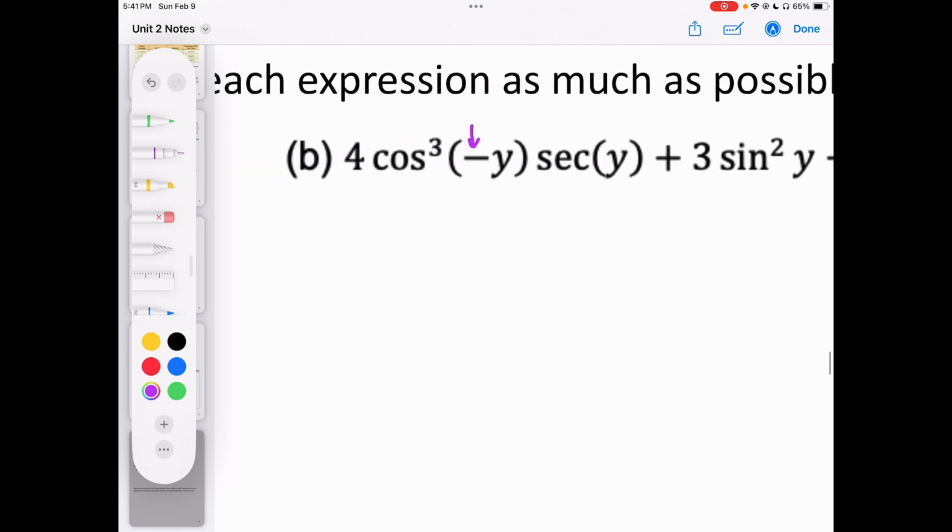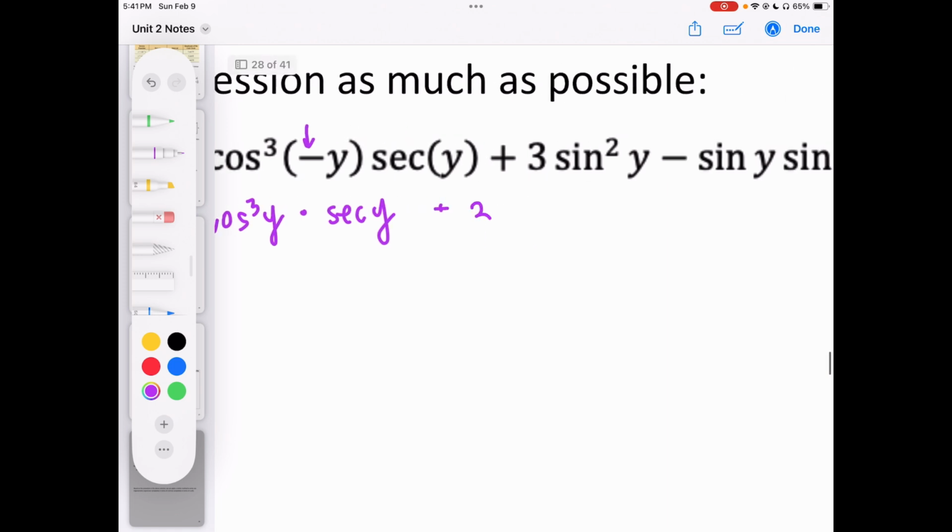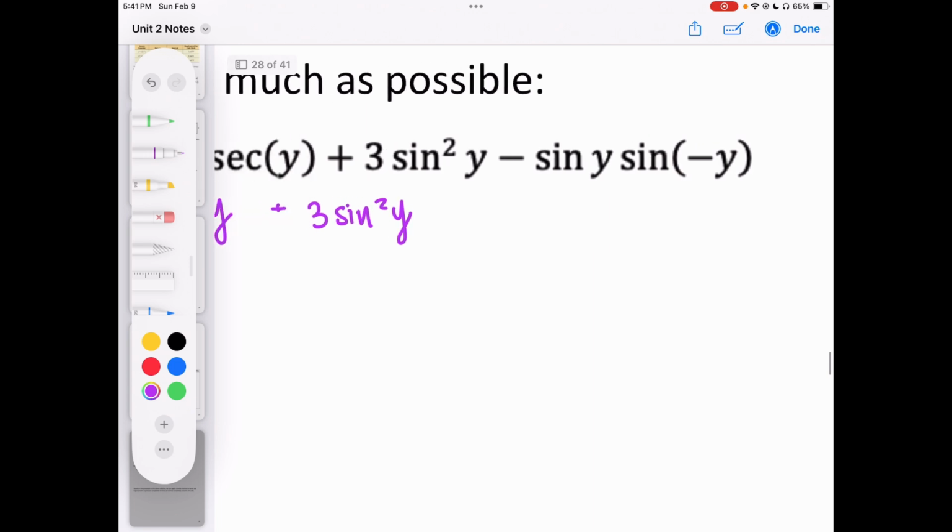So really, I can just go ahead and rewrite this first part as 4 cosine cubed y times secant of y plus 3 sine squared y minus sine y times, and this one we're going to have to bring the negative out. The negative out, and we'll have sine y.